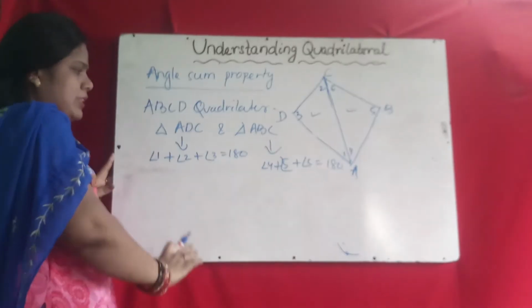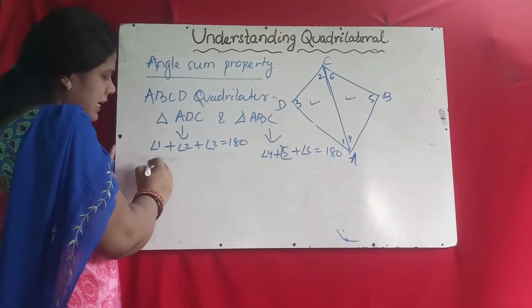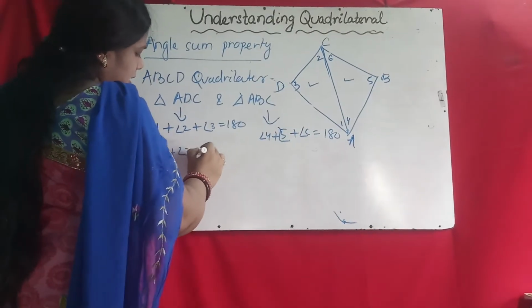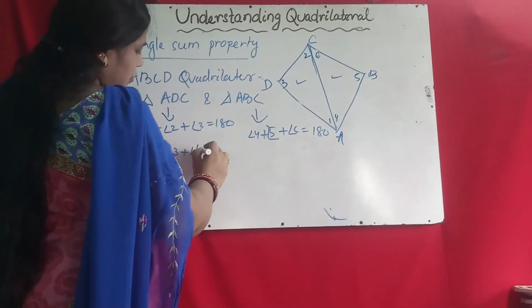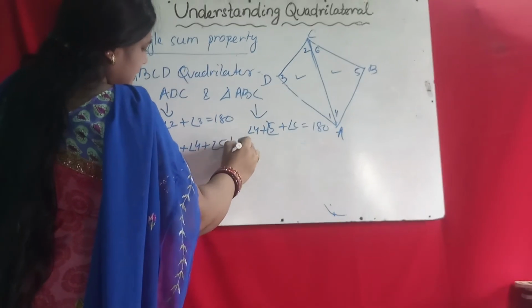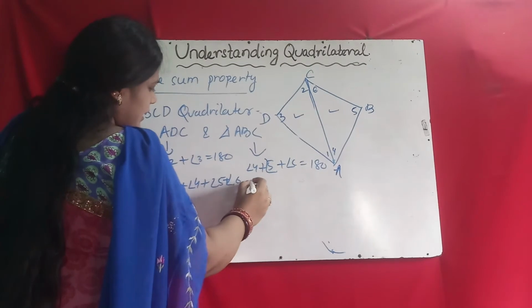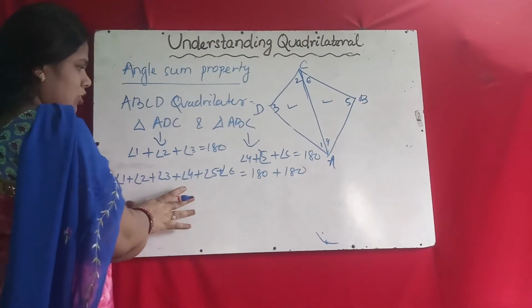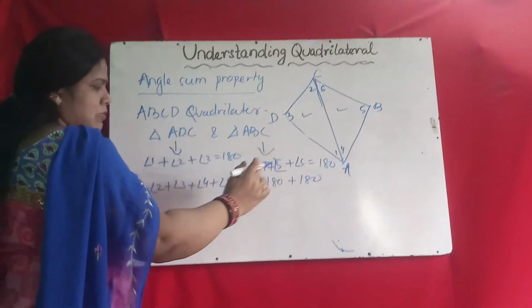Let's add the left side and right side. Suppose I add angle 1 plus angle 2 plus angle 3 plus angle 4, angle 5, angle 6, equal to 180 plus 180. On the left side I added all, on the right side 180 plus 180.